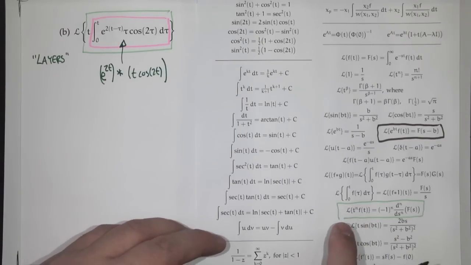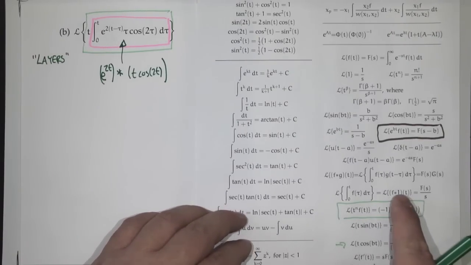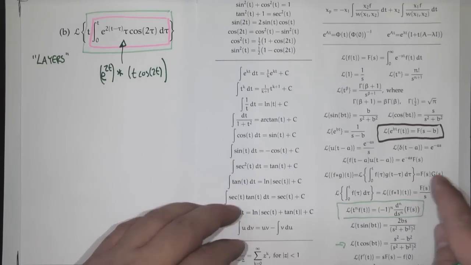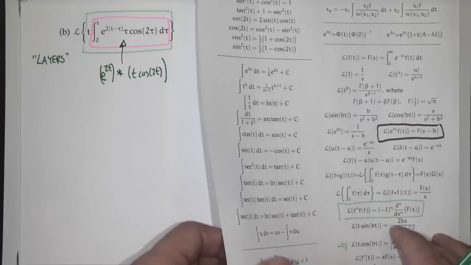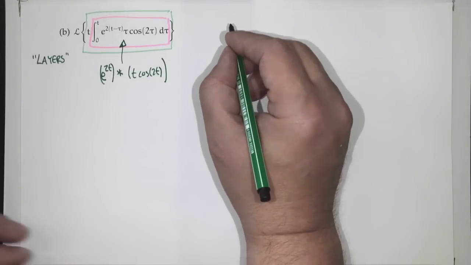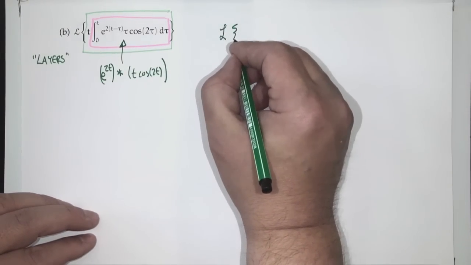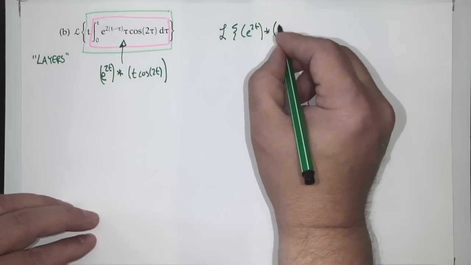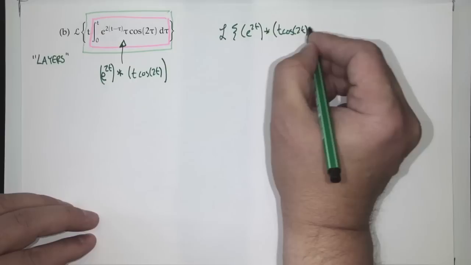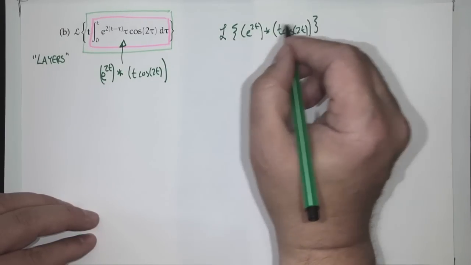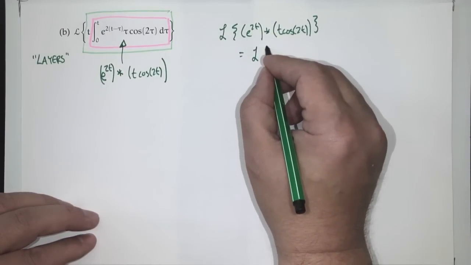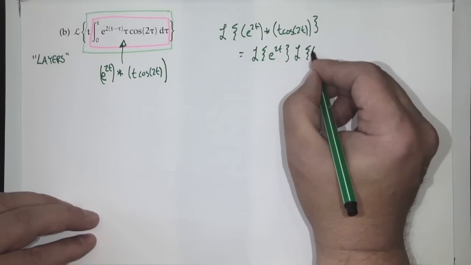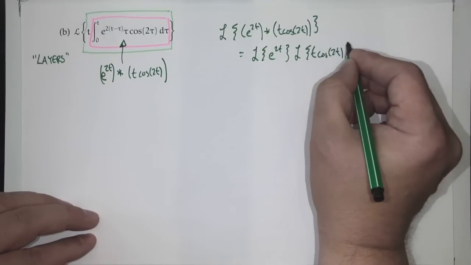Well, according to our rule, that f star g, if we're just taking the Laplace transform of that, that's not so bad. So what we would do is take the Laplace transform of each piece individually. And so this would become the Laplace transform of e to the 2t, and the Laplace transform of t cosine 2t.